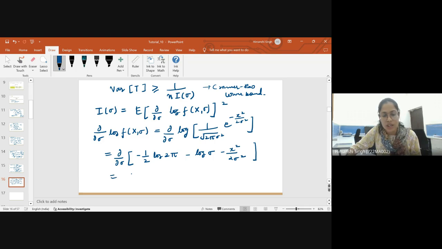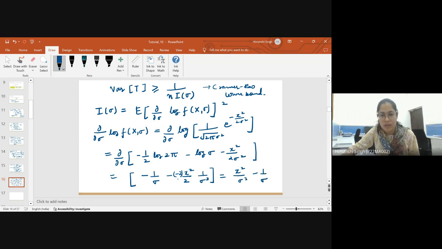So when I differentiate it with respect to sigma, this quantity will be 0 as there is no sigma, and this quantity will be 1 upon sigma, and this quantity will be minus x square by 2, and differentiating 1 upon sigma square with respect to sigma gives minus 2 upon sigma cube. So this 2 will get cancelled and this will become plus, so it will be x square by sigma cube minus 1 upon sigma.